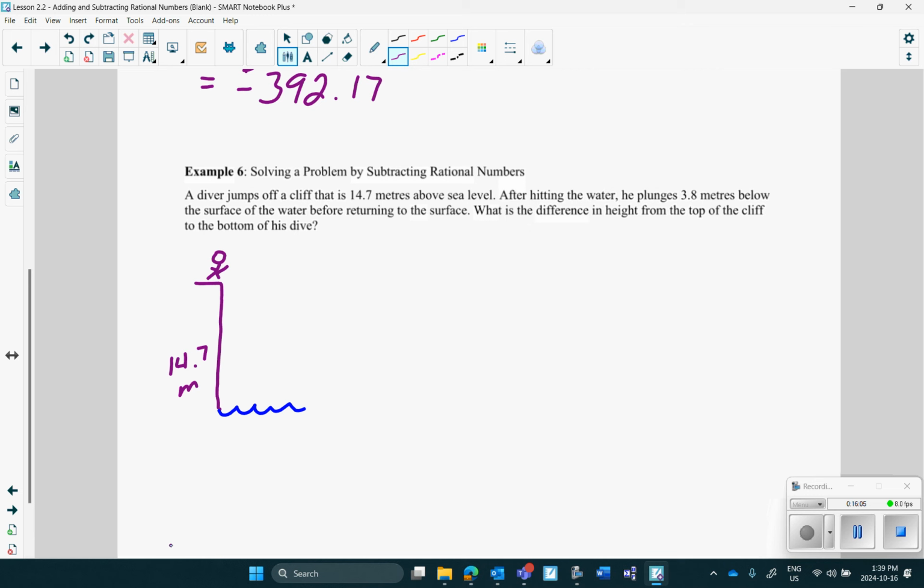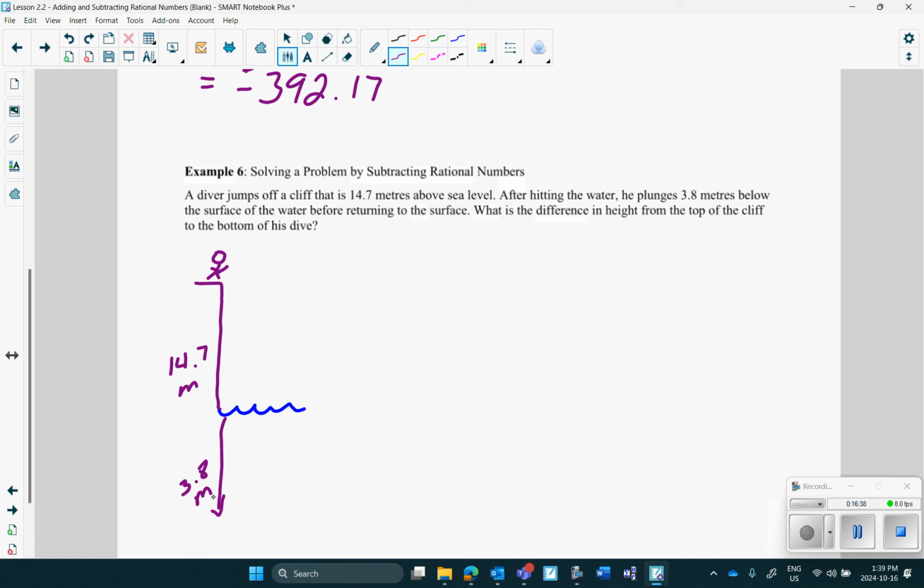Sea level is where water is. Okay? So he jumps, dives in, and goes 3.8 meters below sea level. Below sea level actually means minus, right? Or negative 3.8.